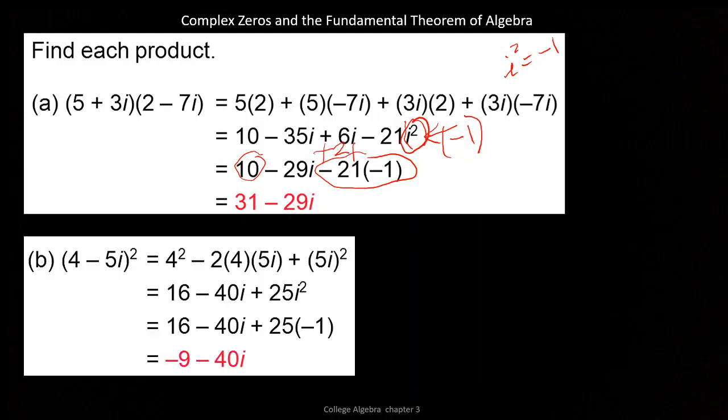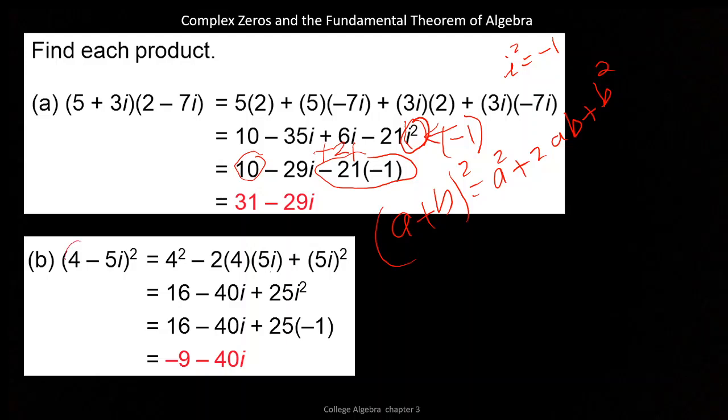How do we raise a complex number to the second power? Well, it's the same thing. It's like multiplying that by itself. But we know the identity (a plus b) squared. Remember? That identity is a squared plus 2ab plus b squared. That's the idea. So basically it's 4 squared minus 2 times 4 times 5i.